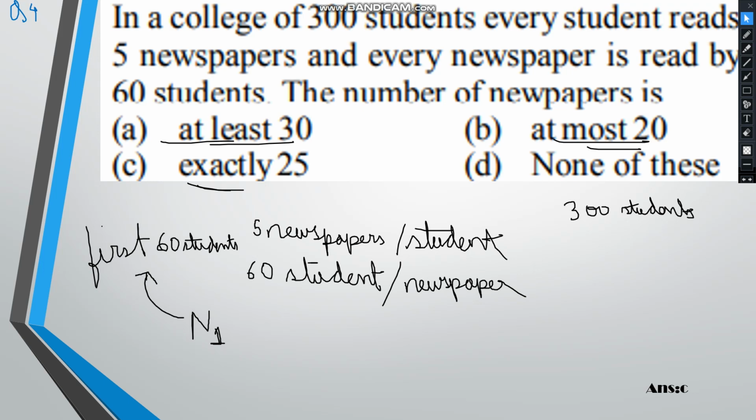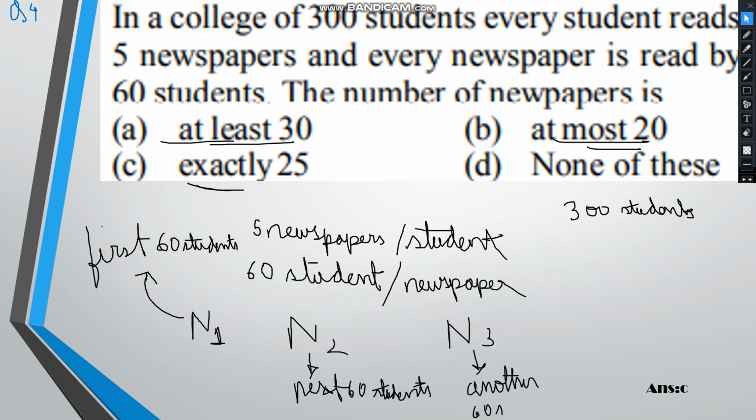Now N2 is read by the next 60 students. N3, let's say, is read by another 60 students, and like this, N5 by the last 60.